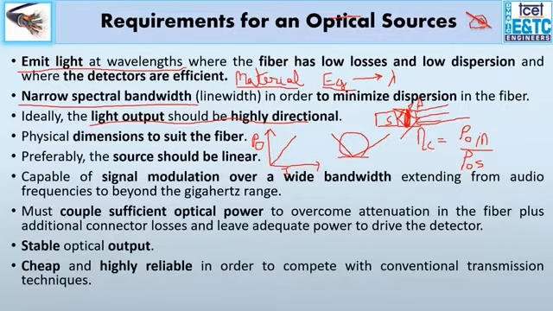I hope all of you remember this from when you were studying transistor operation in the linear region. Similarly, in this case also, whatever my input pulse, that is the information, accordingly my output pulse, the optical power output, should change, and therefore it should have a linear relationship. Capable of signal modulation over a wide band.